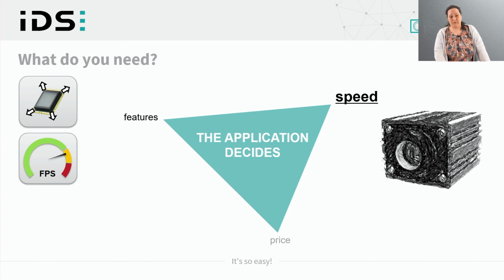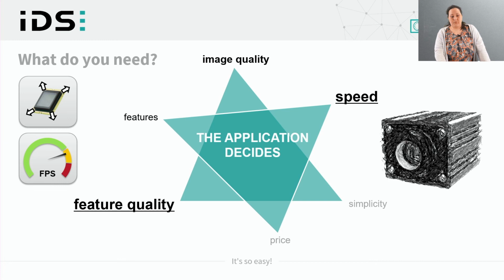Features are also important, but price is typically of lower importance. But what matters also is feature quality, because features have to be performant. They have to run with high speed, and they have to be very robust, so that they don't fail. And if you have a high cost system, typically image quality is also an important factor.